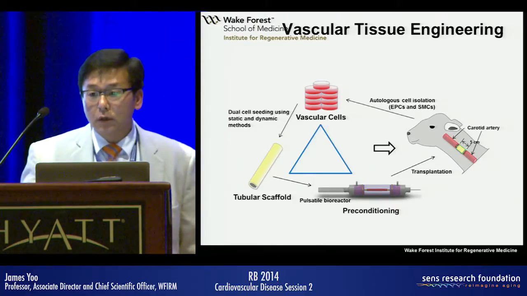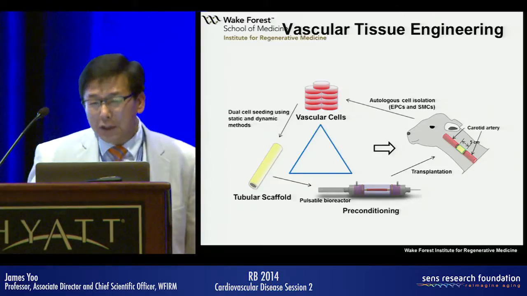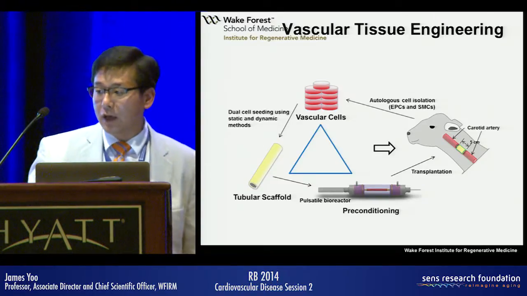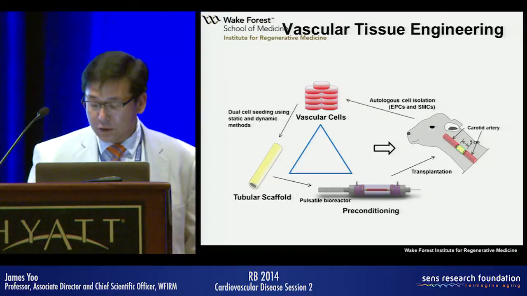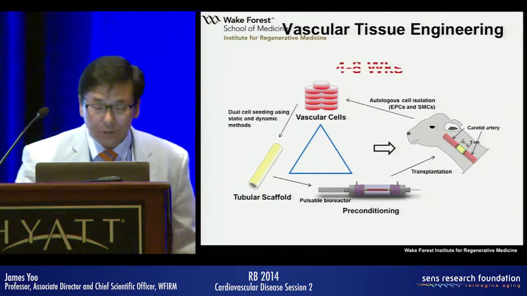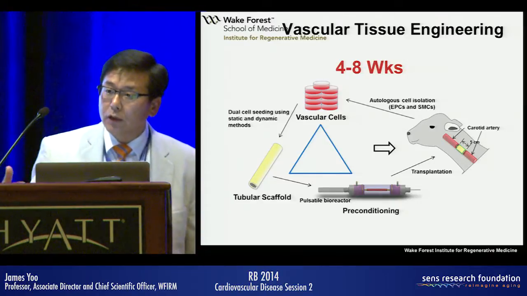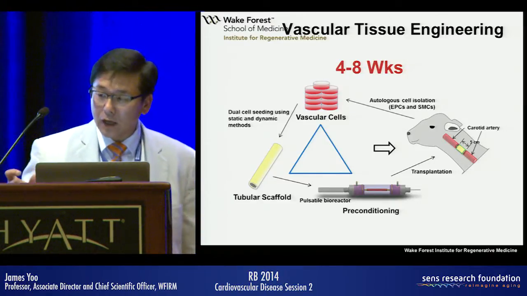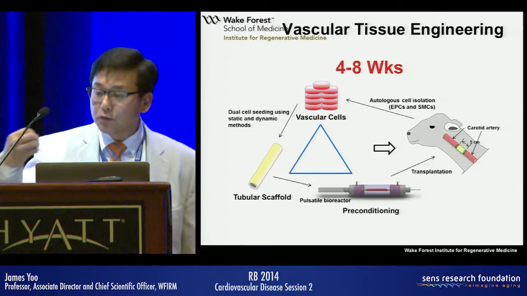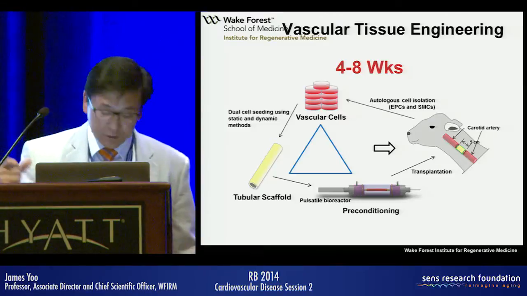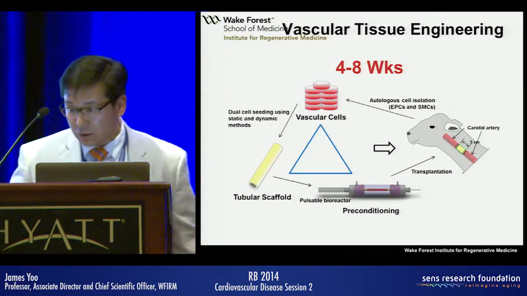However, the problem or limitation of this approach is that it takes too much time and too much resource, so we wanted to find a way to shorten that time so that we could prepare and deliver the necessary blood vessel to patients.